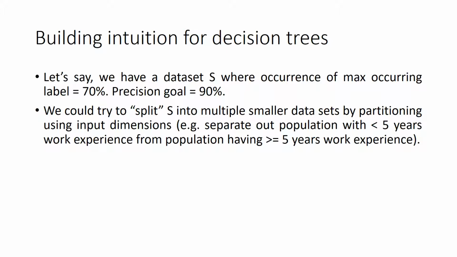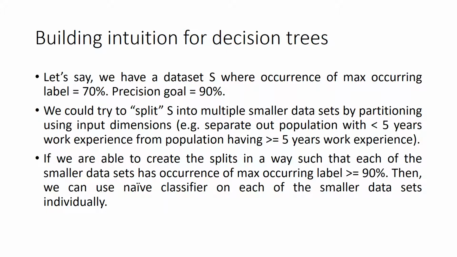So you would find typically that the population with more than 5 years of work experience would probably have a much higher credit worthiness, so they are more likely to be credit worthy. So the distribution is changing now, and the occurrence of the max occurring label would no longer be 70%. So that's what the intuition is.